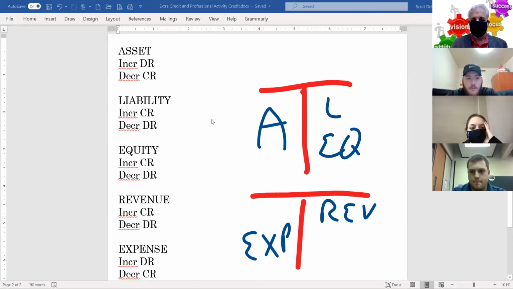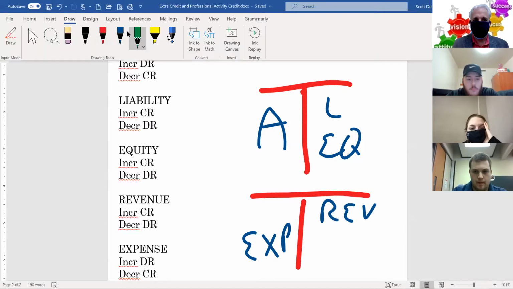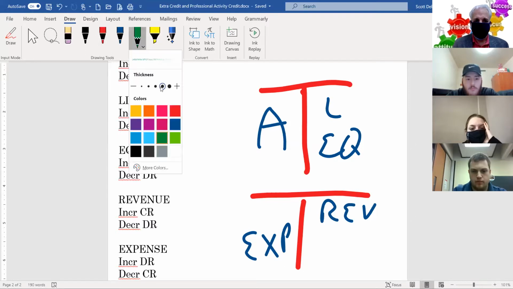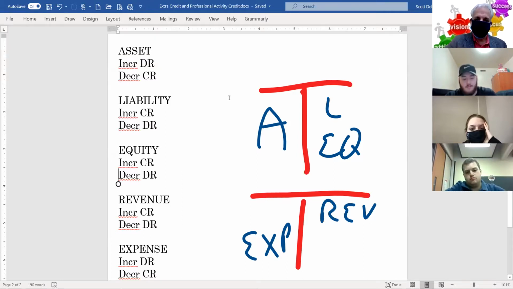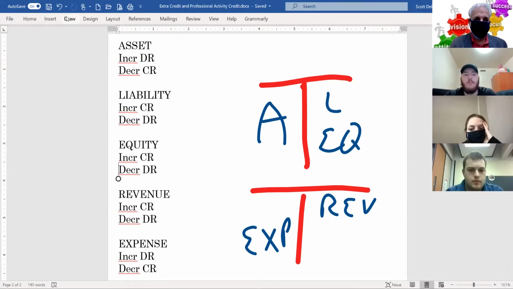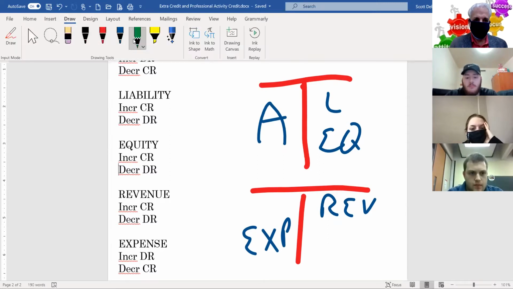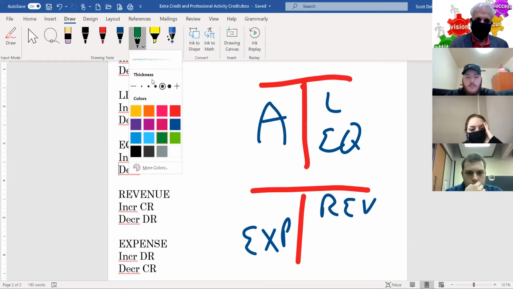Well, let me just do the big picture again. You've seen this diagram before, and you'll see it again. You've seen it in every class so far. What we're going to be doing is talking about the left, which are the debits, and the right, which are the credits.